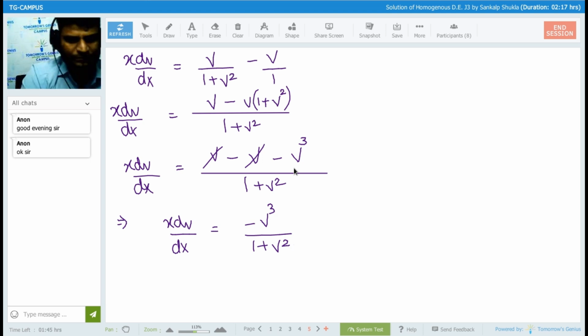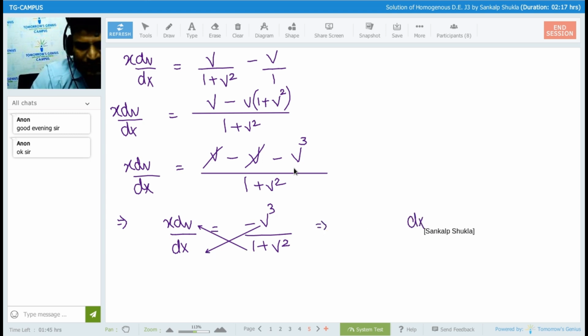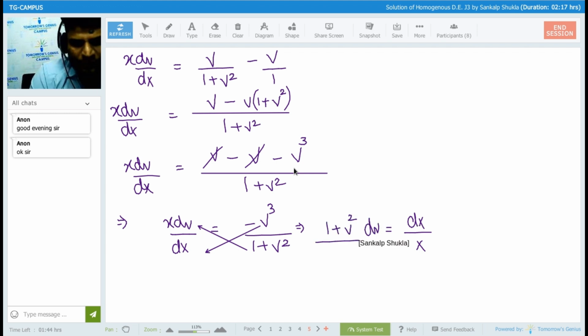Now do the cross multiplication. So this will be shifted over here, this will be shifted over here. This will become dx by x, and dv we will keep this side only, and 1 plus v square upon v cube minus v cube.